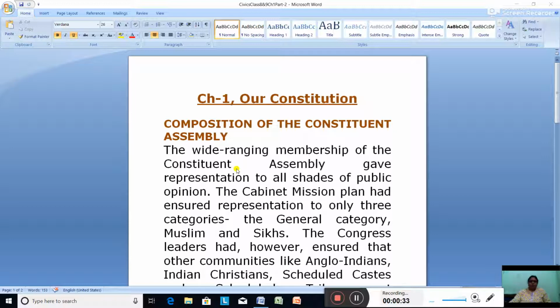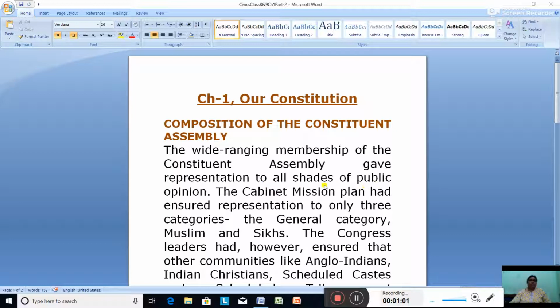As you know, the Cabinet Mission Plan was sent to India, and this plan had ensured representation to only three categories in the Constituent Assembly. The wide-ranging membership of the Constituent Assembly gave representation to all shades of public opinion.